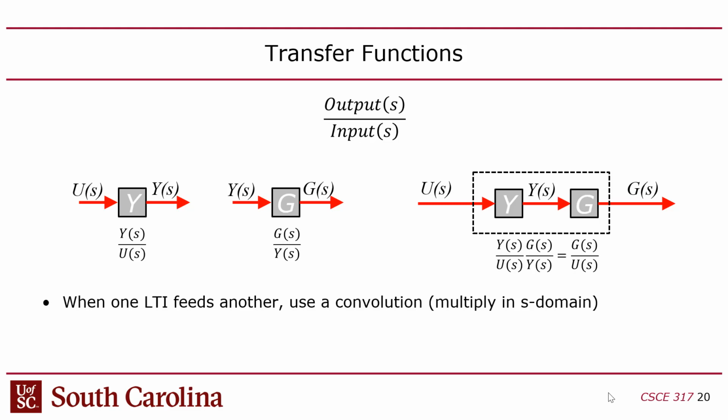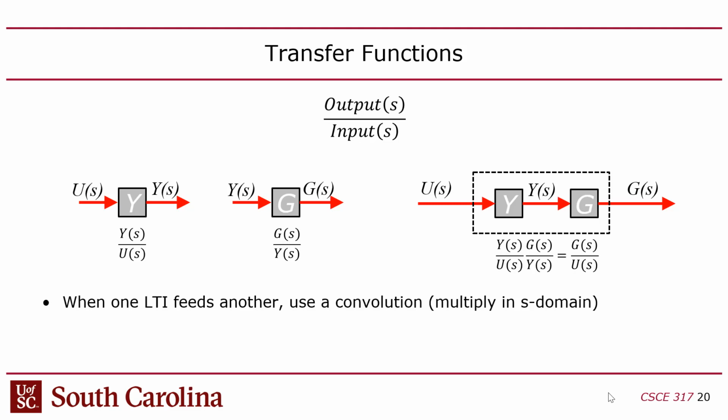So what I'm trying to say here is that the boxes are usually labeled with whatever their output is, right? So Y and G, and then the input is implied to be whatever is feeding them. So this is like saying Y of S over U of S times G of S over Y of S. Y of S gets canceled out, so you end up with just G of S over U of S, right?